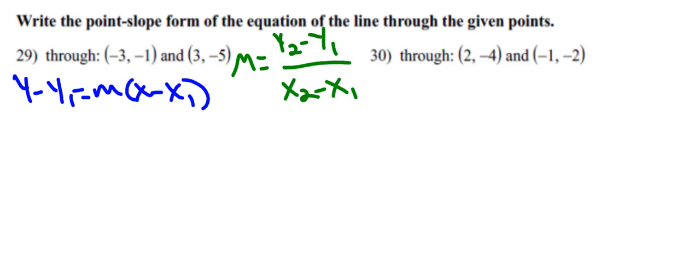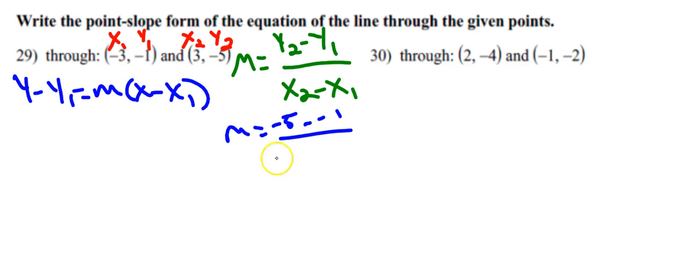Why don't we go ahead and label those points as x1, y1, x2, y2. Now we're seriously just plugging these numbers into these variables. m equals -5 minus -1 over 3 minus -3.